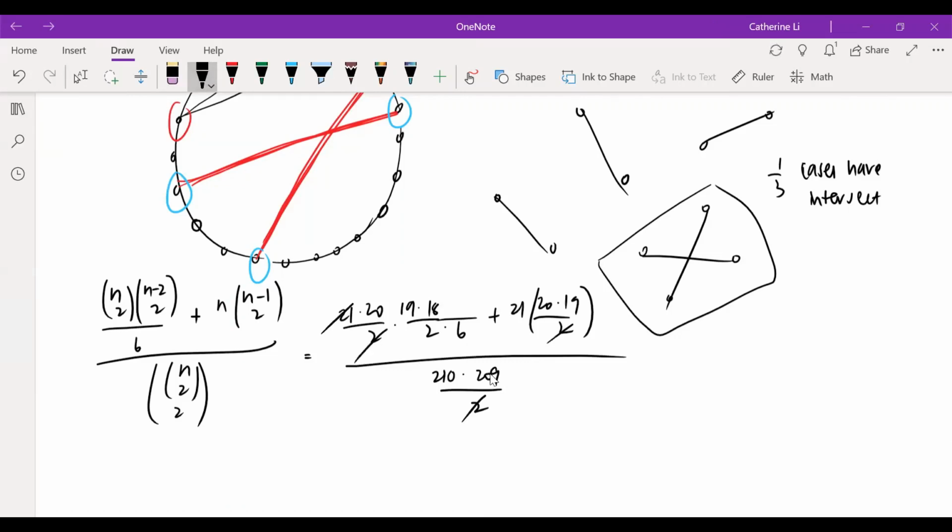So we don't need this 21 everywhere. And then there's a 10. So what we're left with is 19 times 3 plus 2 over 209, which is 5 over 11. There's a 2 here. Okay.